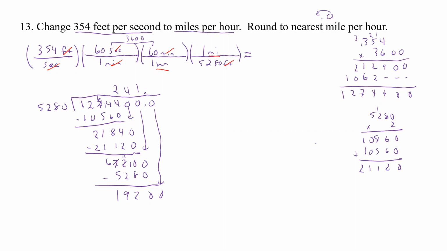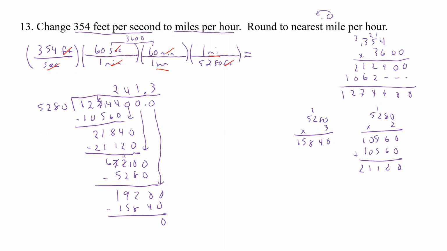And so it's going to be less than 4, probably around 3. So 5280 times 3, 0. 3 times 8 is 24. 2 times 3 is 6, 7, 8, and then 15. So that's a 3. That's 15,840. Let's make sure it's less than what we need.